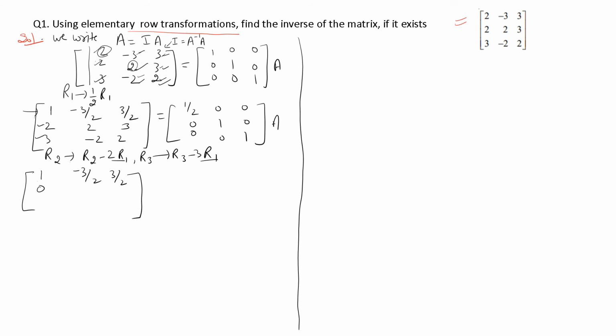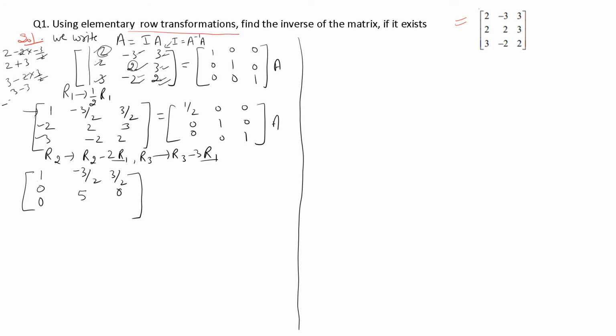So this is R2. 2 minus 2 is 0. This is, you can work out it here, 2, minus 2 times minus 3 by 2. So this is your 2 plus 3, that is 5. Okay, and here 3 minus 2 times 3 by 2. So this is 3 minus 3, that is 0. Okay, and R3, 3 minus 3 is 0.